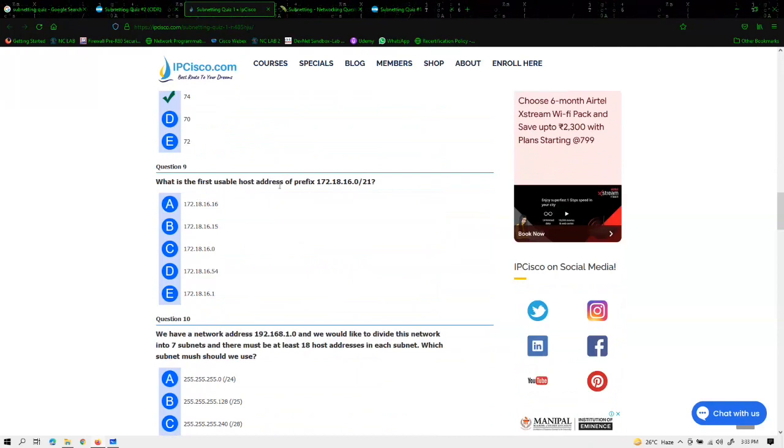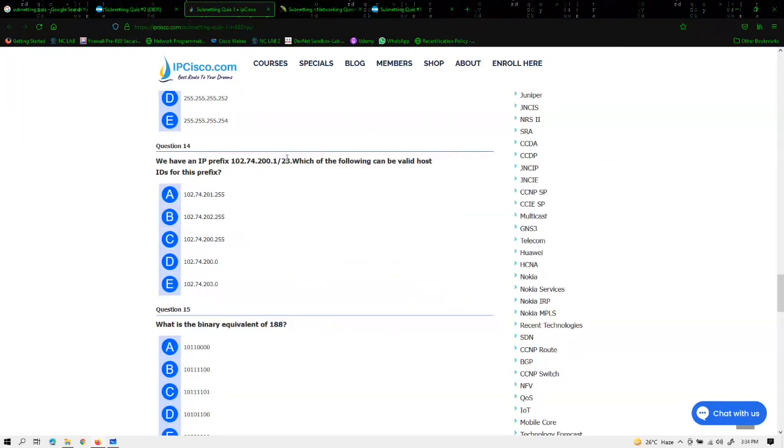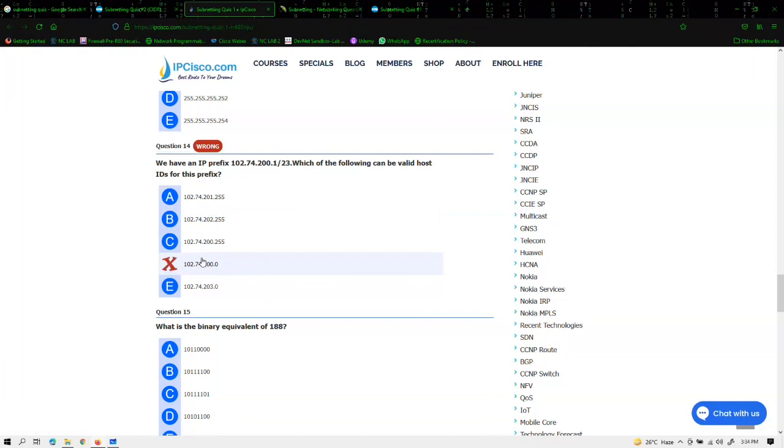What is the first usable host address of this prefix? This one. 16.1. Yes. It is a host ID, right? IP address is host ID. That's okay. This one is not correct. So what is the answer? Host ID. Not sure what he's asking.